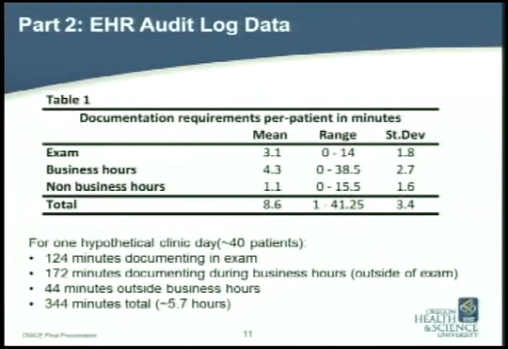That is a significant amount of time, and although it's hard to compare with no baseline, having these numbers now is important because we can work to bring them down with newer and more efficient EHRs.